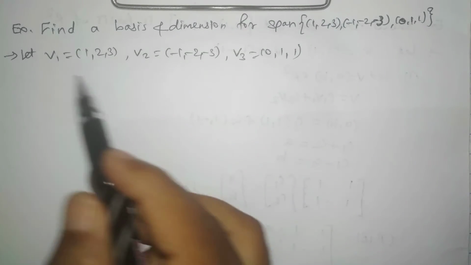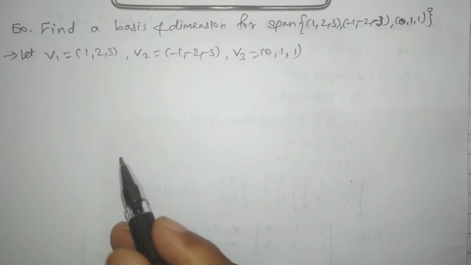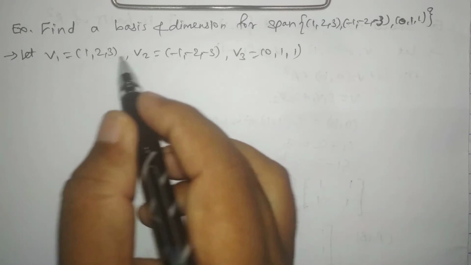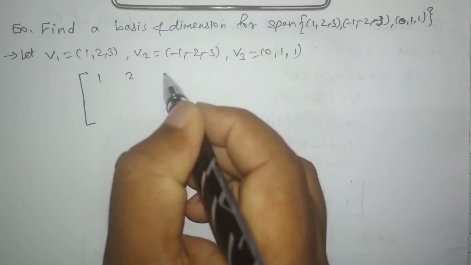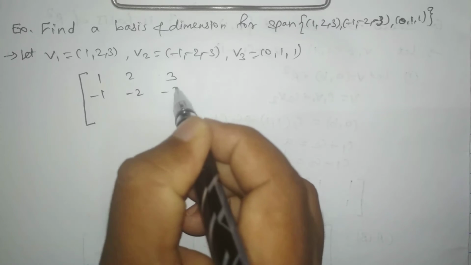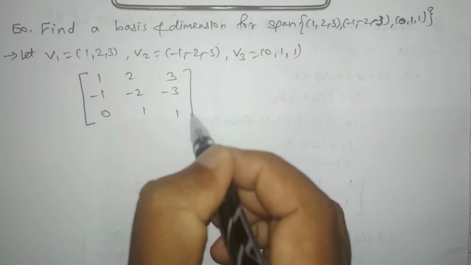Now we have to find the basis and dimension for the span of these 3 vectors. So how to solve this? Just write down the matrix with these rows: 1 2 3, minus 1 minus 2 minus 3, 0 1 1, and convert this matrix into echelon form.